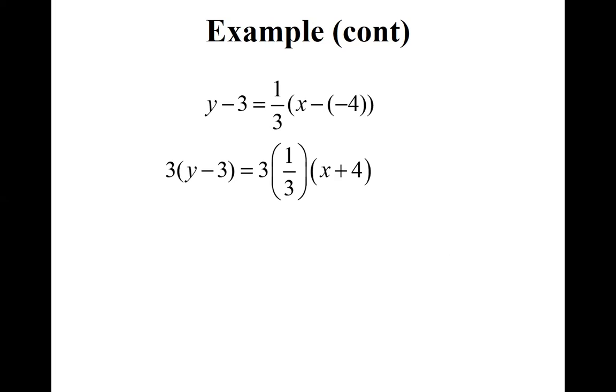So multiply by 3 on the left, multiply by 3 on the right. The 3 times the 1/3 cancel away. Distributing the 3 on the left, we get 3y minus 9. We're left with just x plus 4 on the right. This needed to be in standard form, so subtract x from both sides, add 9 to both sides. We get -x plus 3y equals 13. 4 plus 9 gives us the 13.